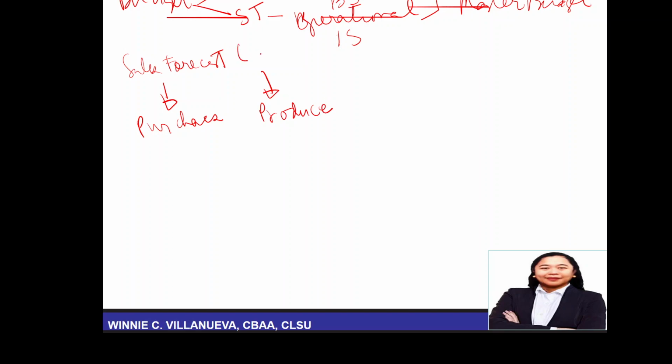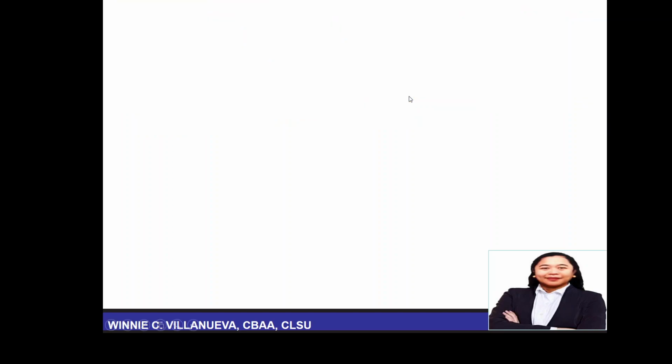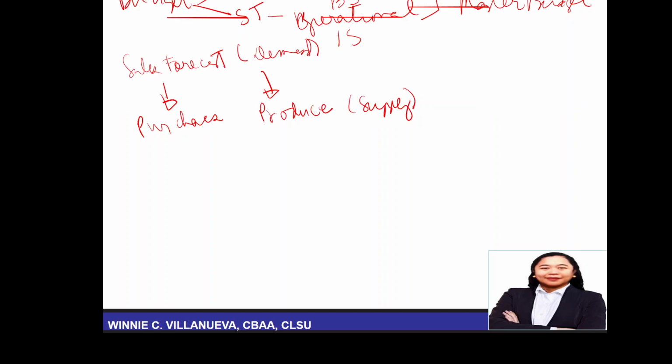Why do we start with forecast? Because this would show the demand, and this side would show the supply, the purchases, and your produced. After you do this, what would you think would be next in your income statement, for you to be able to grasp the sequence.